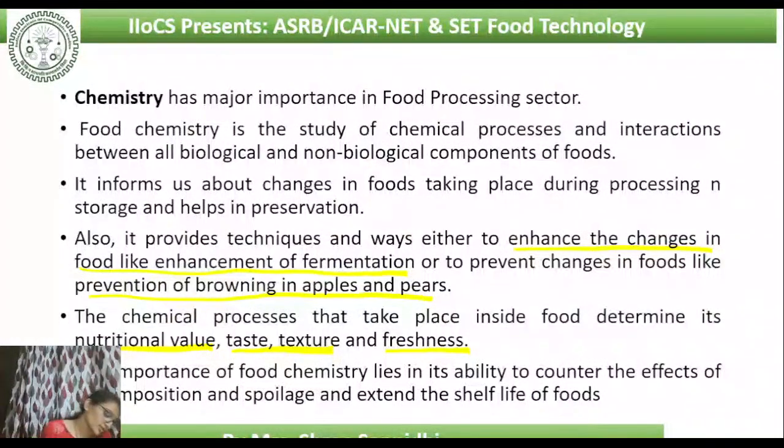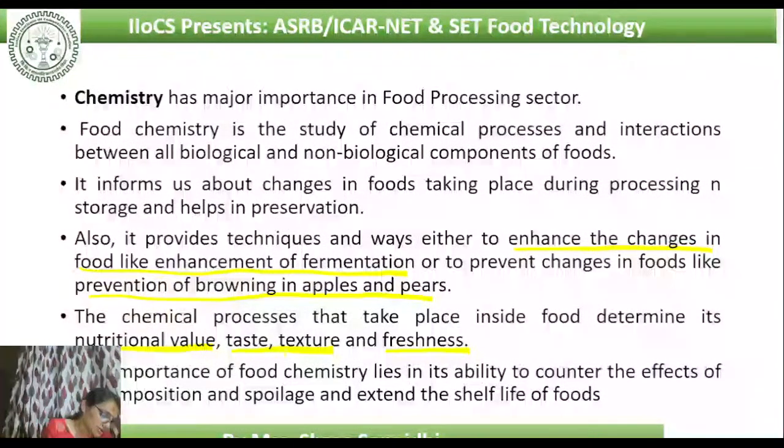So how does it affect the taste? Taste, like sweetness, spiciness and all these compounds, will react with our taste buds, and it will give the taste.